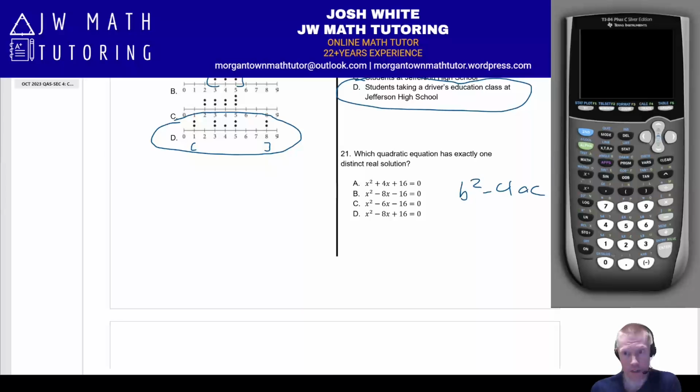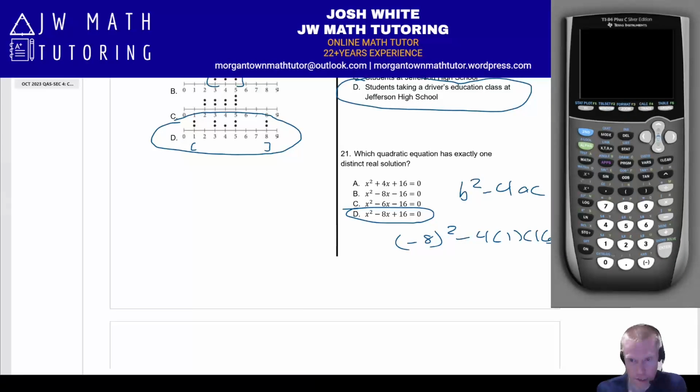If you plug in the values for A, B, and C, you're going to see that the correct answer here is letter D, because that's going to be negative 8 squared minus 4 times 1 times 16. So you're going to get 64 minus 64. And when the discriminant, b squared minus 4ac, is equal to 0, that's when you have exactly one real solution.